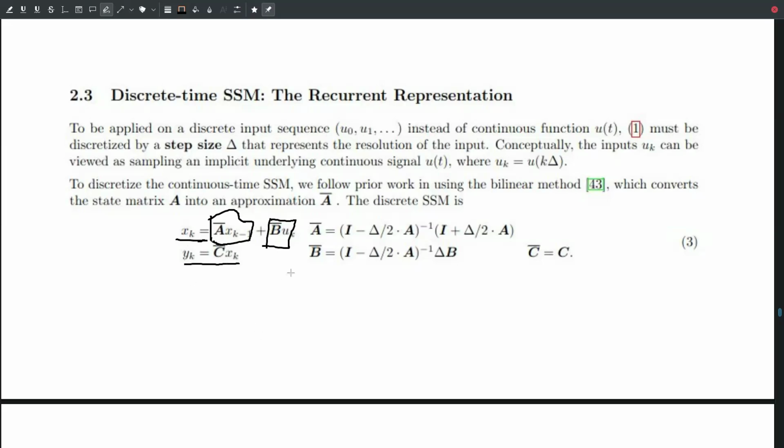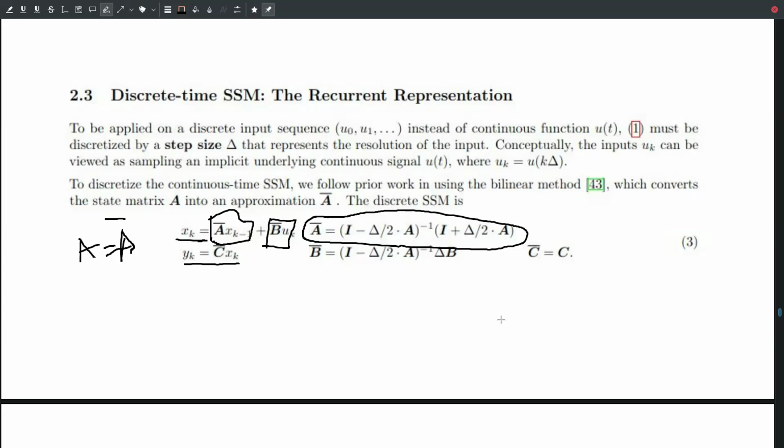So what you do is convert this into a discrete formula, the continuous A into a discretized A by applying the bilinear transformation. I sent the proof over on our Discord channel, showing how this bilinear transformation is applied. Hope you guys can look into it.